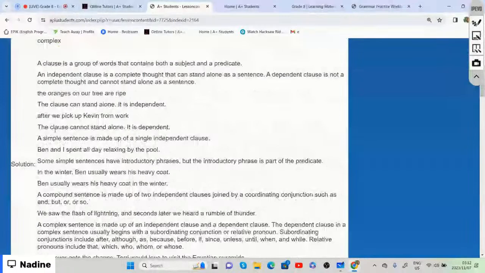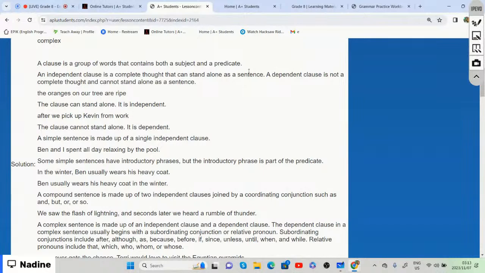A clause is a group of words that contains both a subject and a predicate. That's a clause, or basically a main clause.